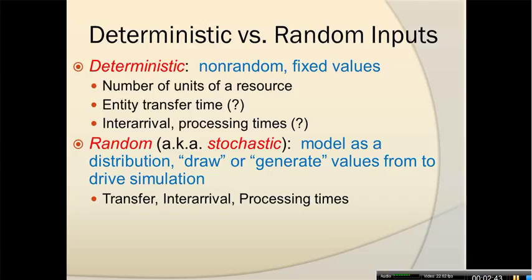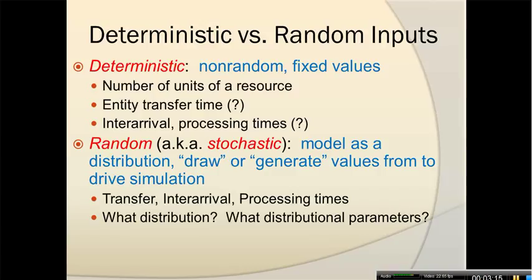As we mentioned earlier, deterministic input could be when we have the inter-arrival or processing times as scheduled. Very often though, these arrivals or processing are not scheduled, and they actually vary, and so in that case we have random inter-arrival, processing, or transfer times.